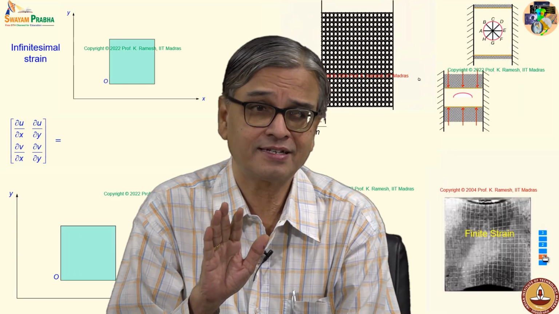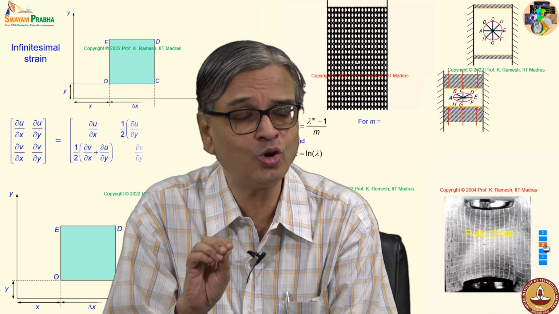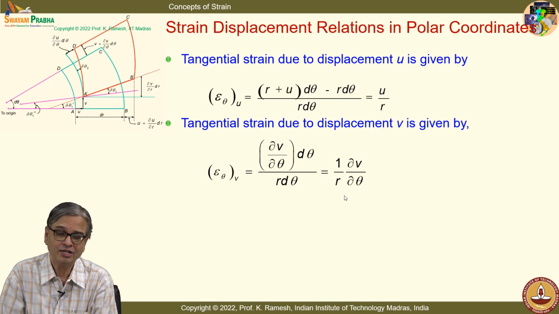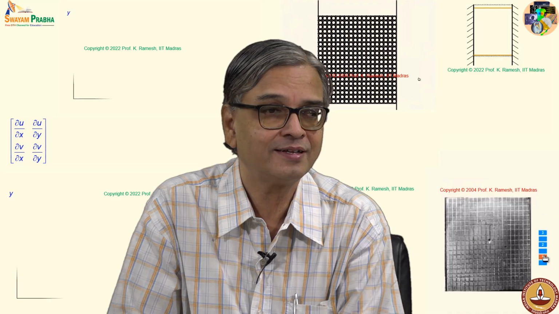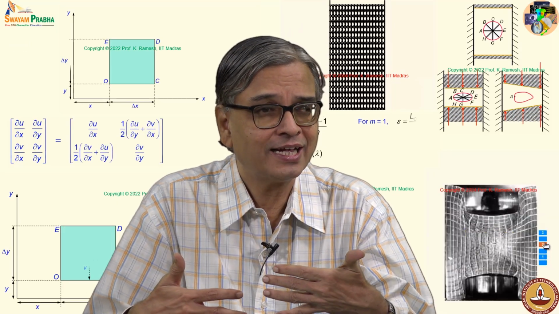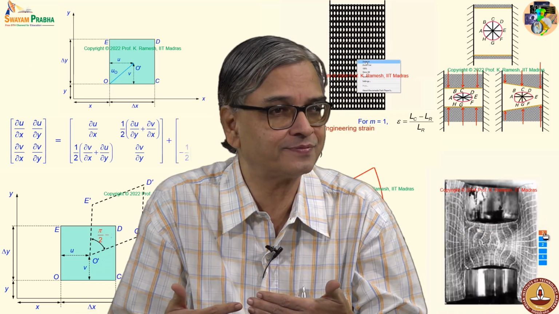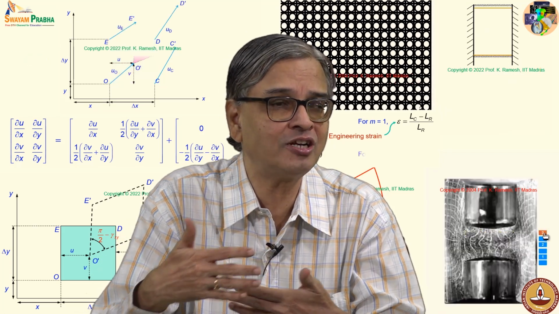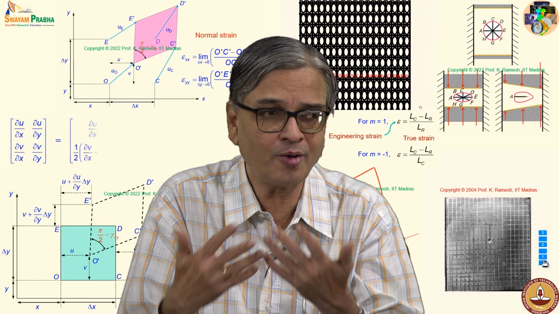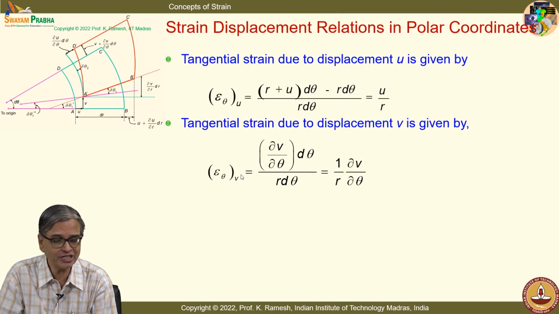So this is subtle, and you have to know what is physically happening in polar coordinates. There is every likelihood you may ignore this, because with any radial change there will also be a connected circumferential change. When I say epsilon theta, I am talking about the change in the circumference.